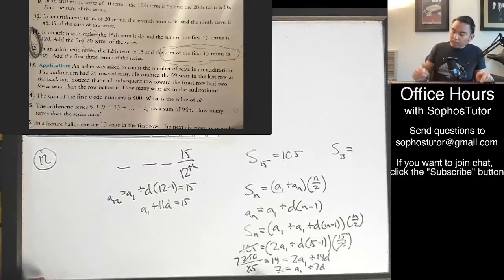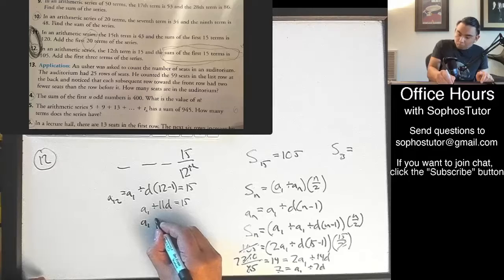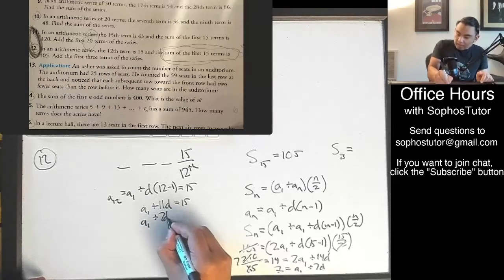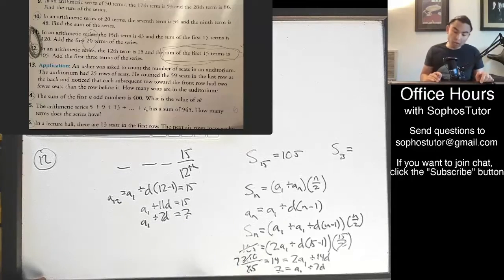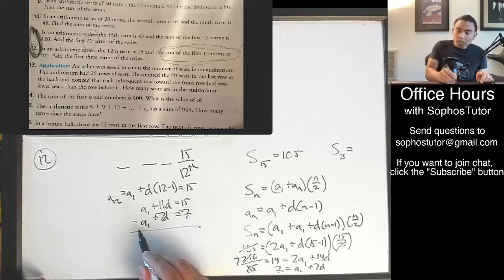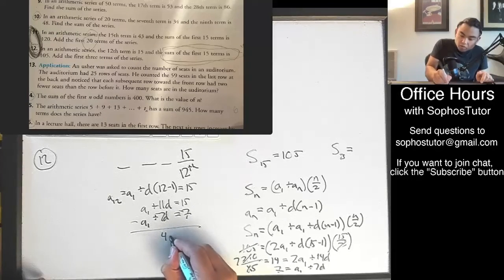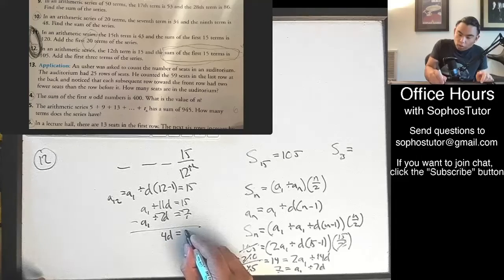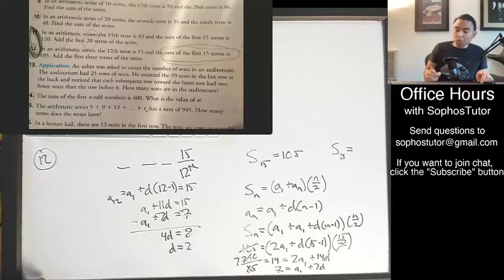We can now bring this equation into this system: a1 plus 7d is equal to 7. You see now that we have a system of equations. So now we can go ahead and subtract the bottom equation from the top equation. That will now give us 4d is equal to 8, and therefore we know our difference is equal to 2.